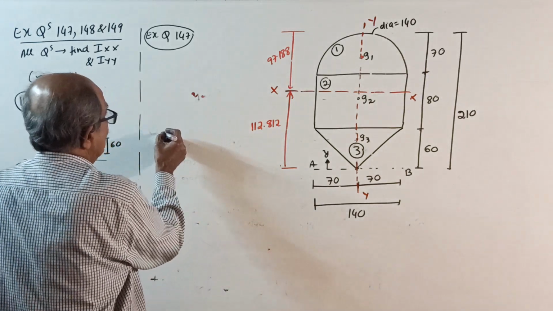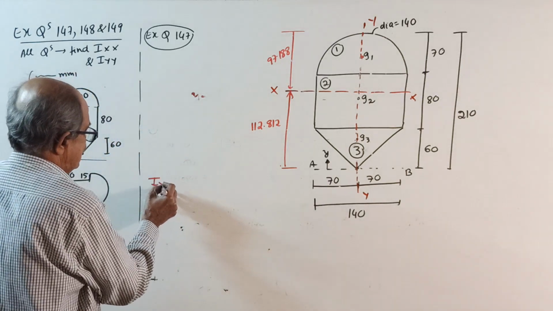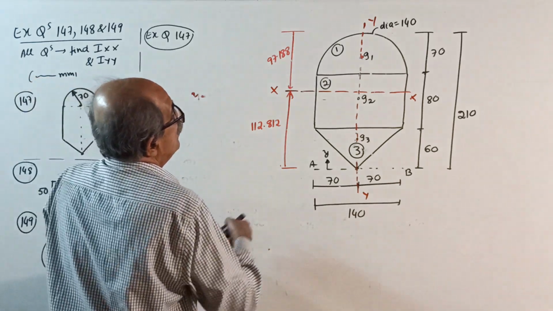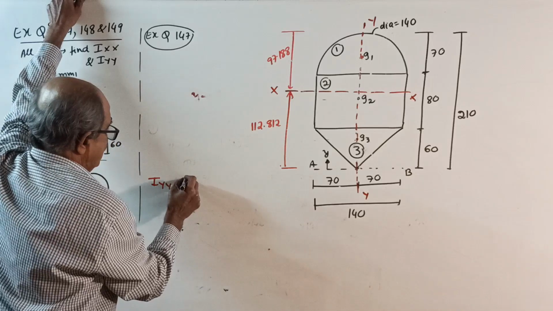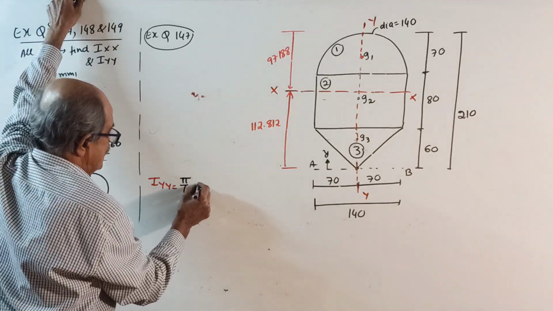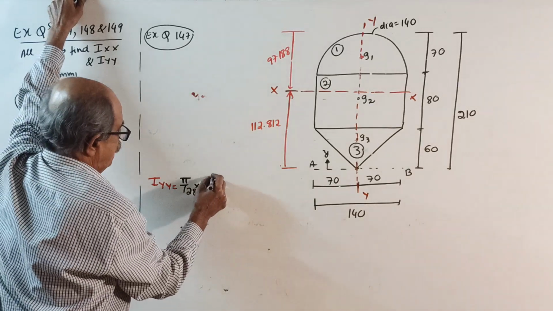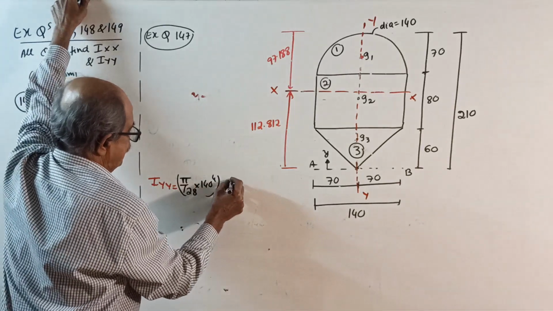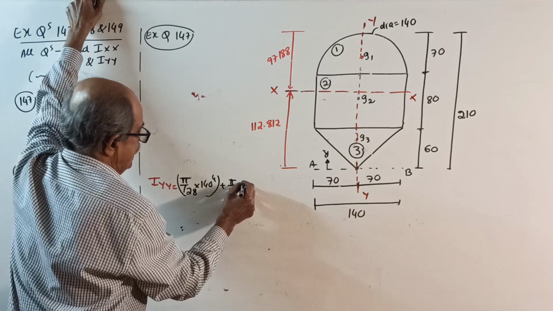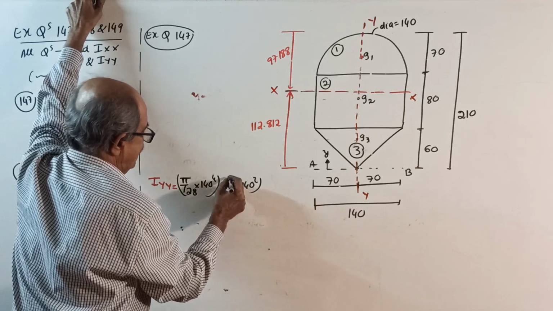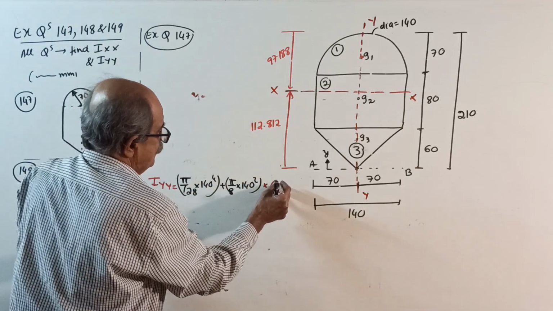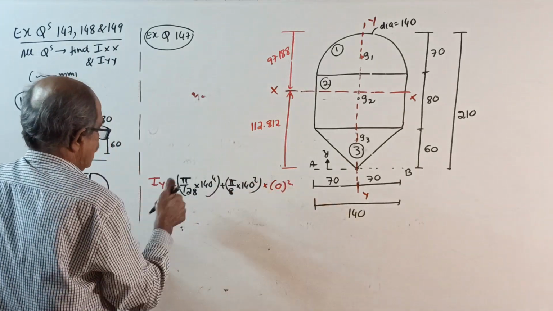I write here IYY: pi by 128 into 140 power 4, plus pi by 8 into 140 square is the area, into 0 square. First figure over.